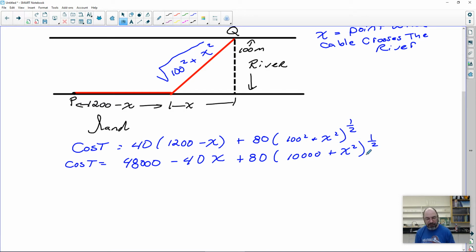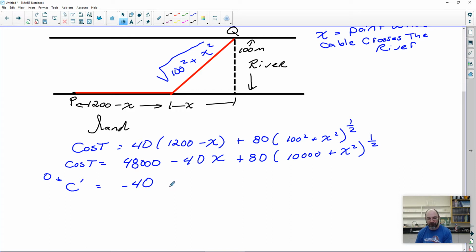So we're going to take the derivative of the cost and set it to 0. So C prime, which is going to be set to 0 to get our critical points. Okay, so 4,800 doesn't matter. There's no x there, so that's no derivative. So this would be negative 40. And then this is where you have to use the chain rule idea.